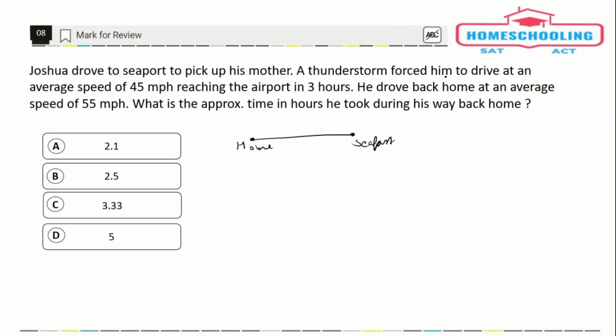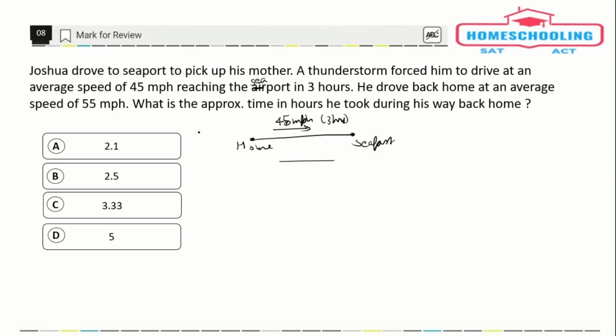A thunderstorm forced him to drive at an average speed of 45 miles per hour, reaching the seaport in 3 hours. So from home, the speed was 45 miles per hour, and he reached in 3 hours.